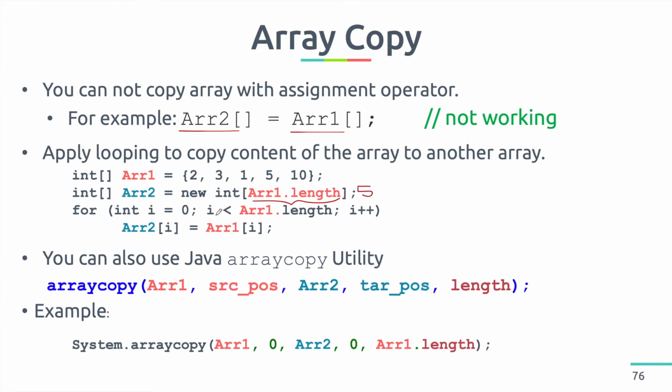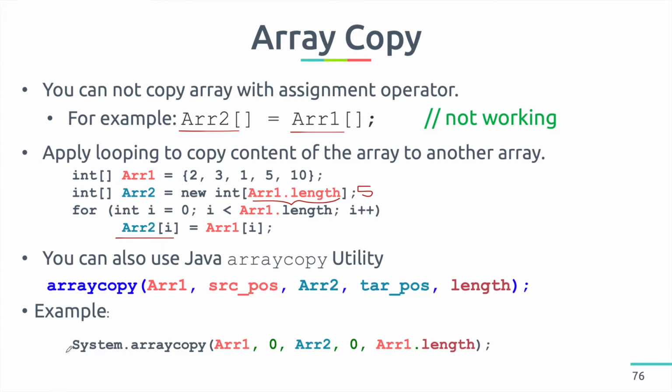And then element by element, starting with the base index at 0 less than the array length, I will copy every element in that array. So array2 at index i will be equal to array1 at index i, and this will give me a copy of array1 in array2.